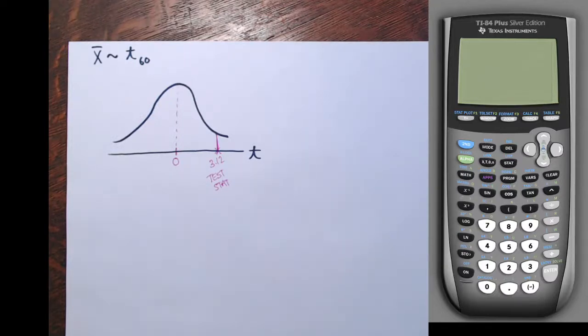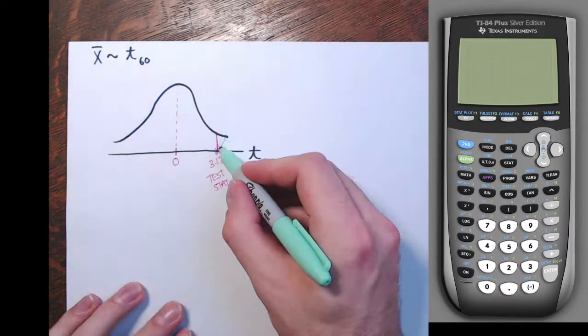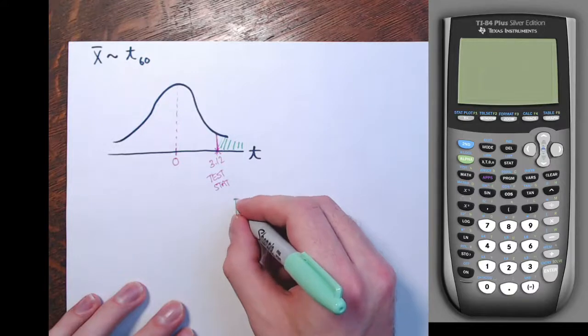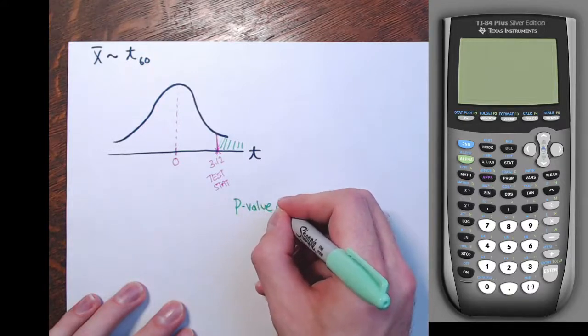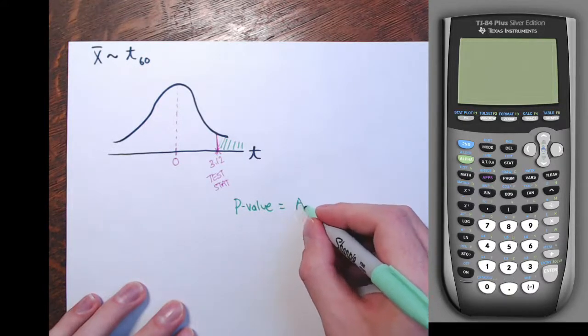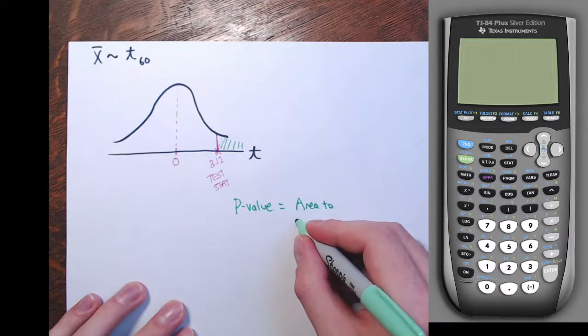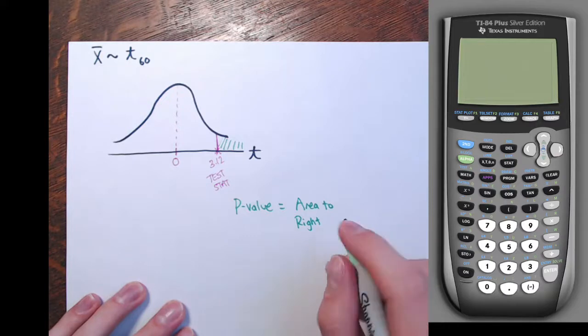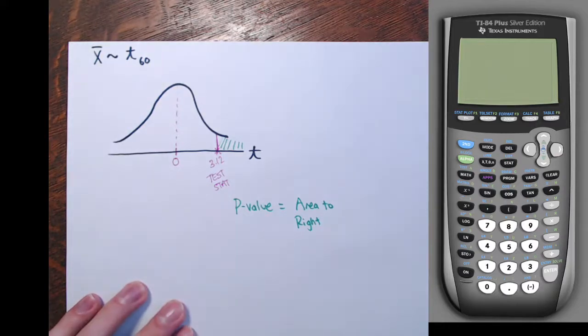So the p-value is just the area to the right of the test statistic, since it's a right-tailed test. If it were a left-tailed test, it would be the area to the left of the test statistic.